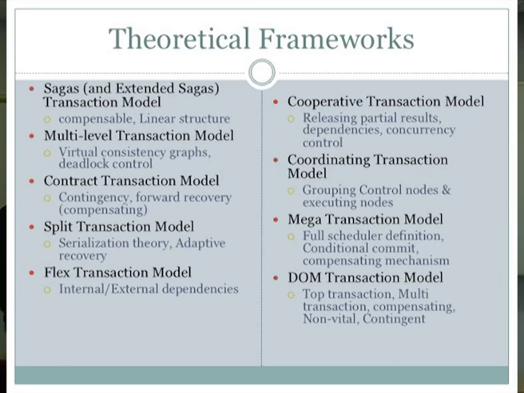There is extended sagas that can try at least to solve the classical problem of sagas. Sagas is a great model, but it is linear. That means it has real limitation. Meanwhile, it doesn't allow partial results. Then we have multi-level transactional model.